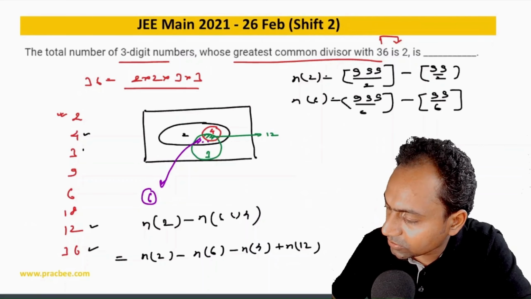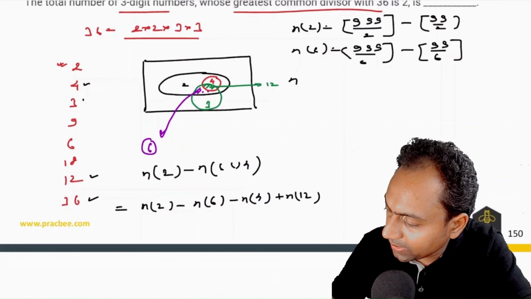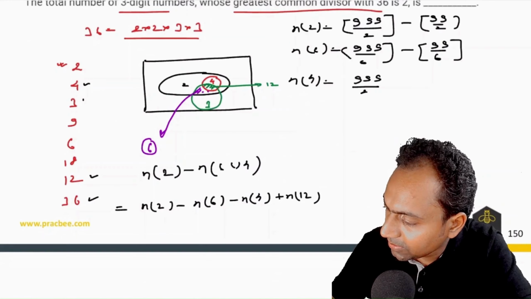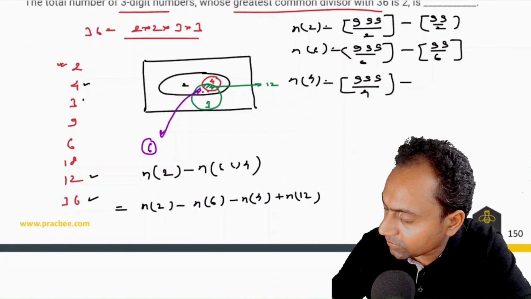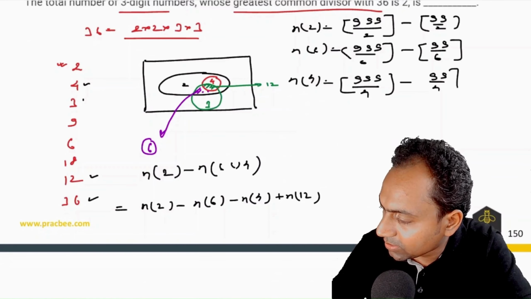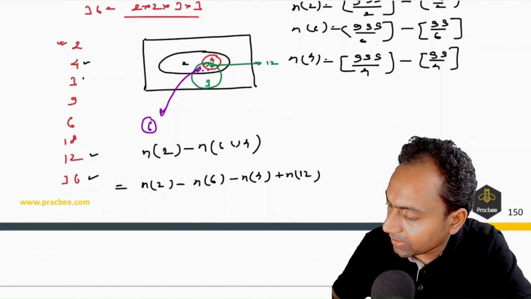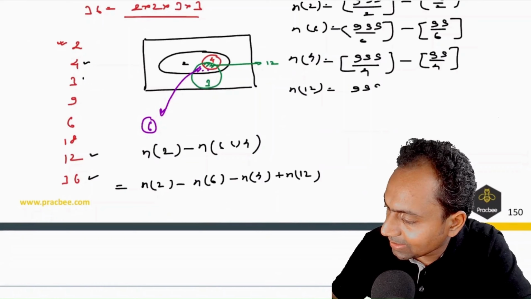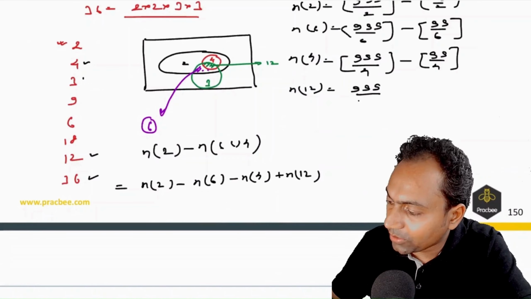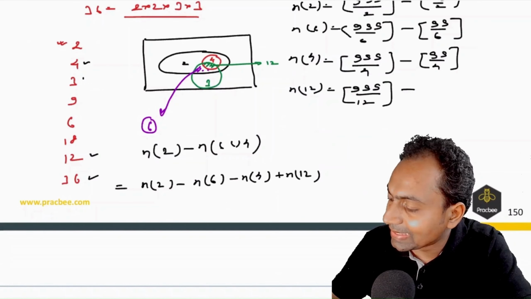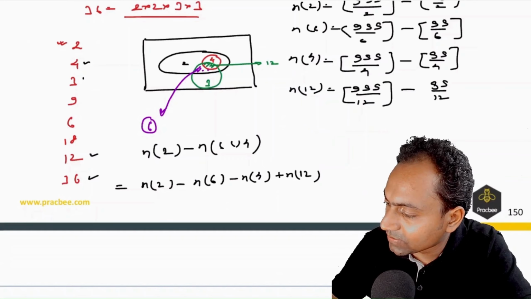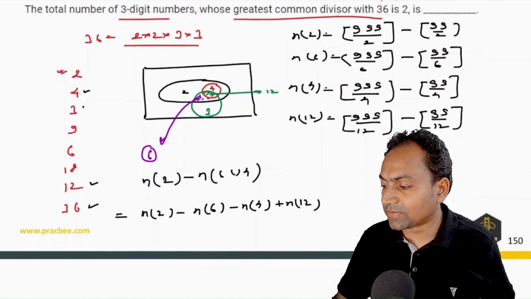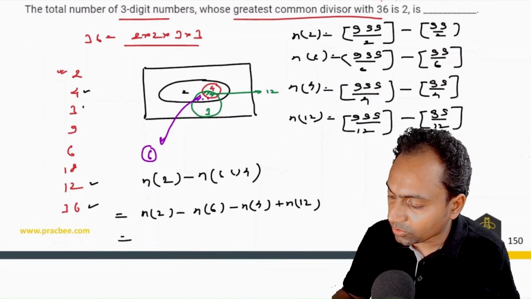Then n of 4 is floor of 999 by 4 minus floor of 99 by 4. And finally n of 12 comes out to be floor of 999 by 12 minus floor of 99 by 12. Now we can substitute all of these values, and the answer comes out to be nothing but 150.